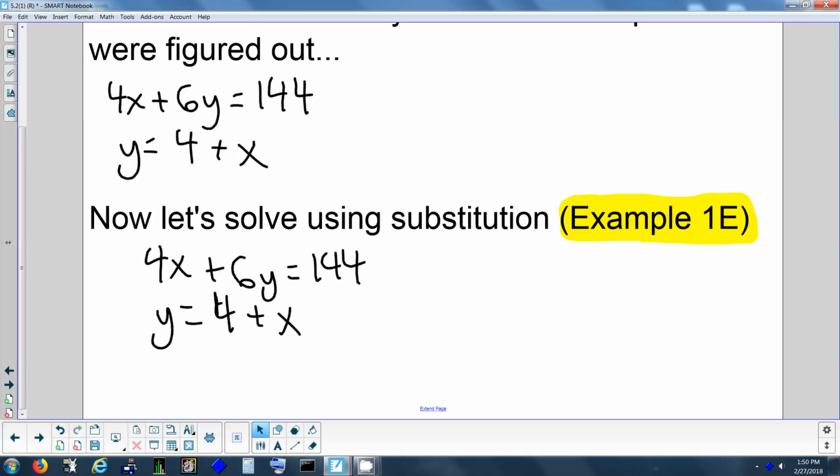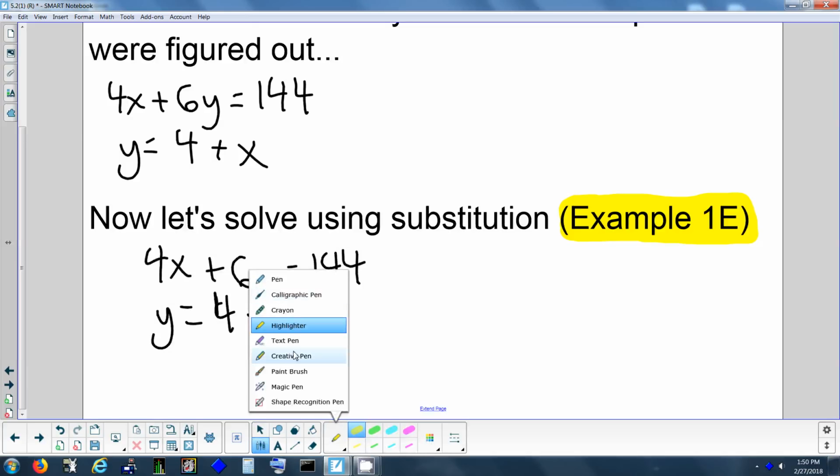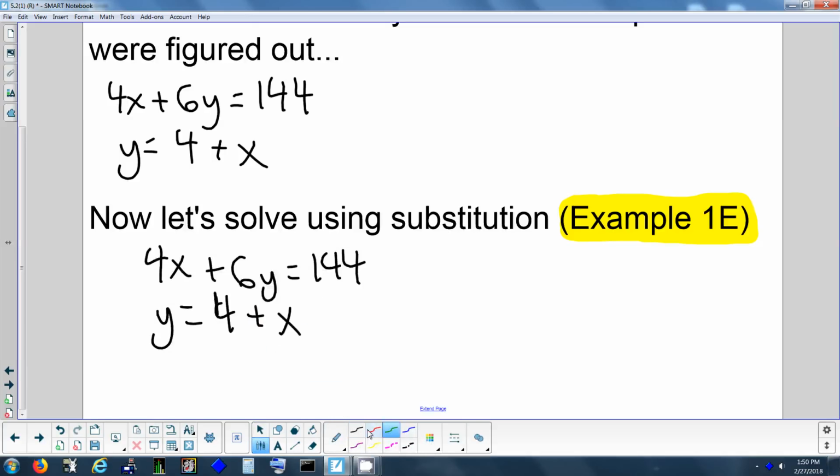Someone tell me, Madison, what am I going to do first? First you're going to put parentheses around the y before the equal sign on the first one. First one or second one? The second one. Why the second one?